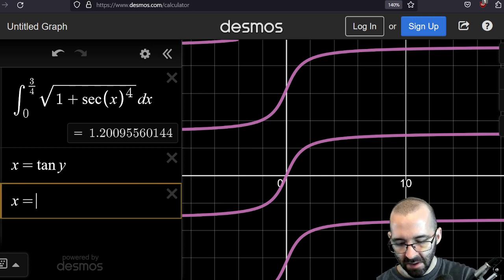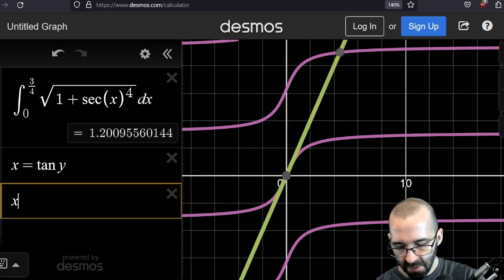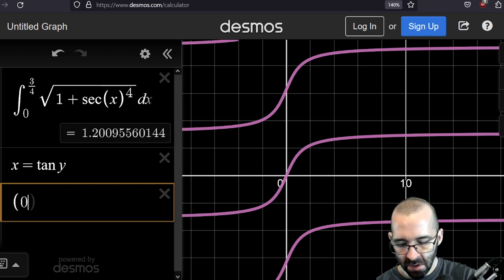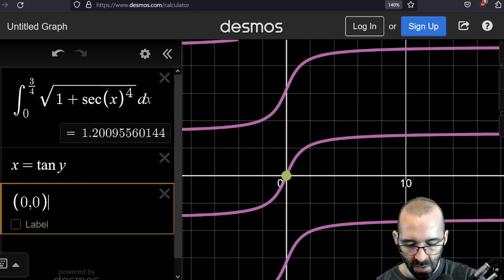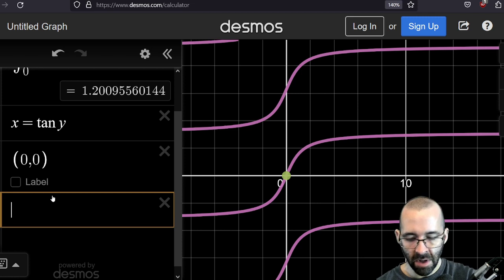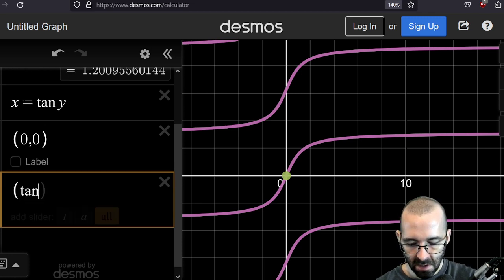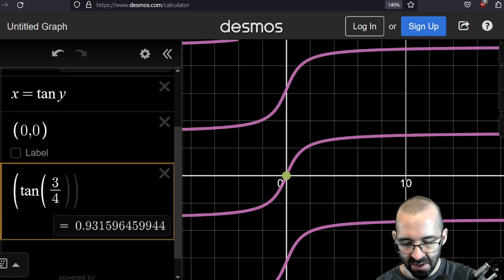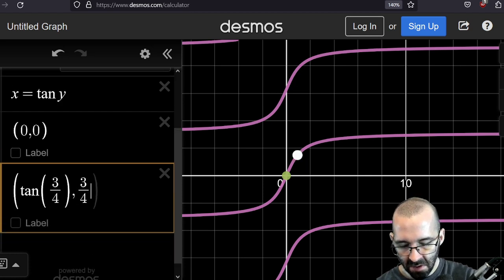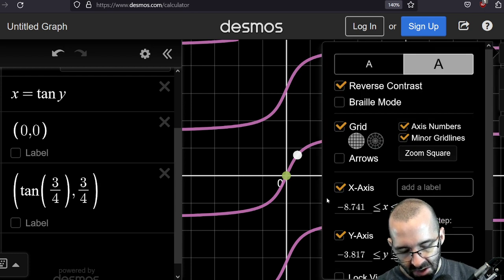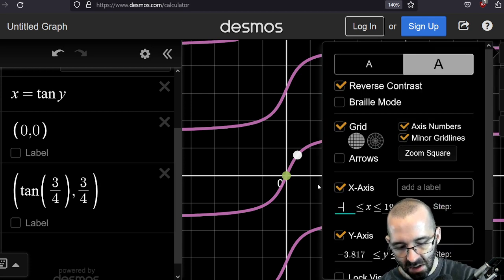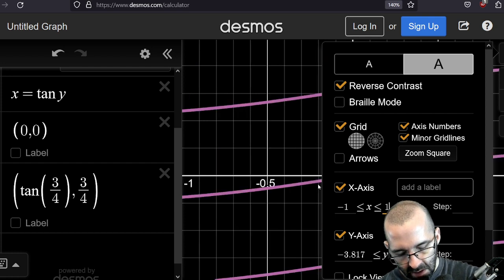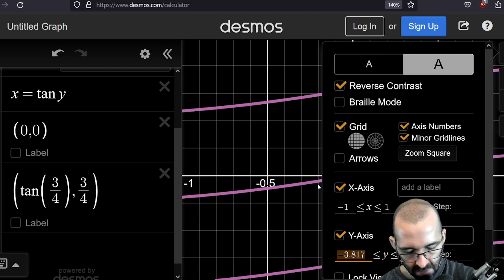And we're only looking from y equals 0 to y equals 3/4. So when y is 3/4, the x coordinate is tangent of 3/4. So let's just zoom in on this and get a little approximation and see how our approximation works with what we expect it to be. Shall we?